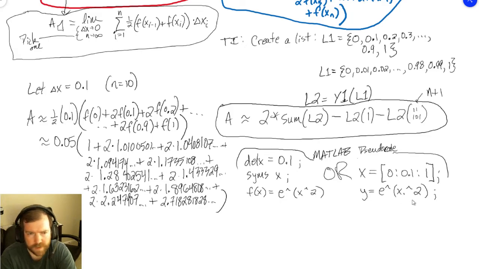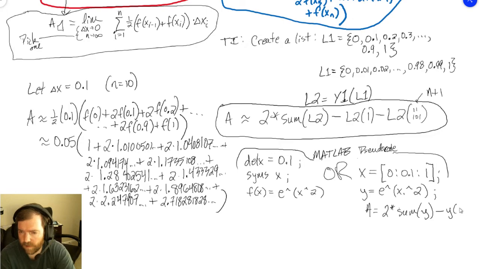In this case, we could just do what we did up above, where a equals 2 times sum of y minus y sub, forget if they do zeroth.